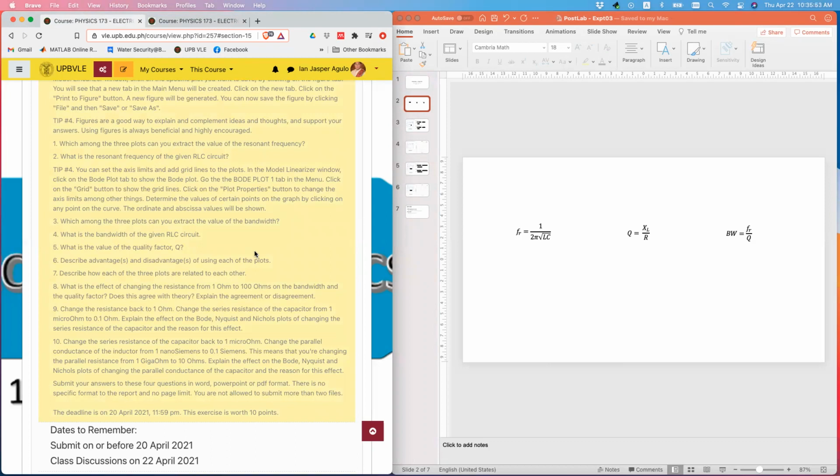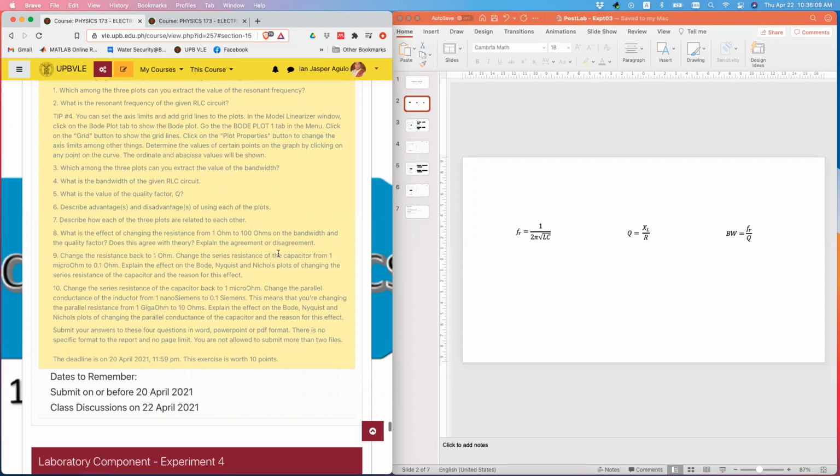Kunin nyo yung width between yung values ng frequency kung saan nag-intersect with the minus 3 dB na amplitude or na gain. Okay, so that should be easy enough.